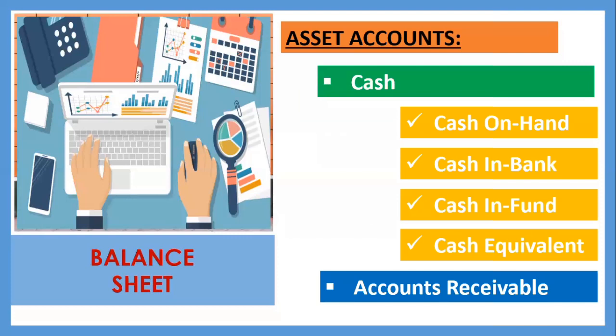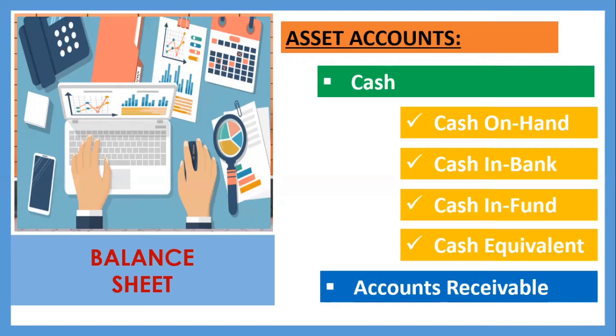Now, under assets, there are a lot of account names or account titles. So under assets, we have cash. And under cash, we have cash on hand, cash in bank, cash in fund, and cash equivalent as well. And also, aside from cash, we also have accounts receivable.